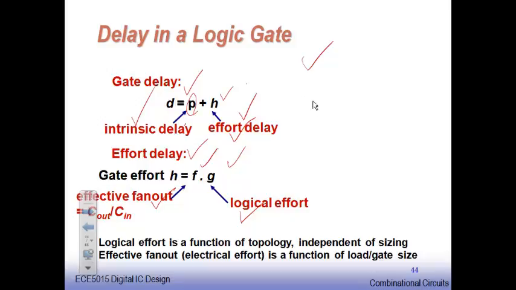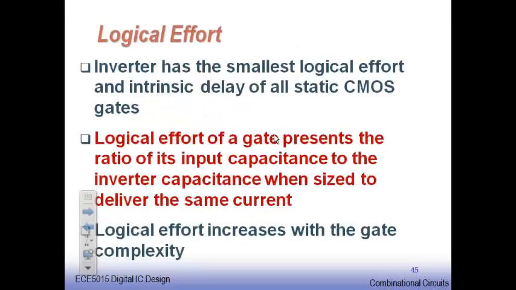With this in mind, we would now identify how to calculate each of these components. The first one would be the logical effort. The logical effort, very simply said, you can read all these things later. Whenever I have an inverter, a basic PMOS I have got, a basic NMOS I have.